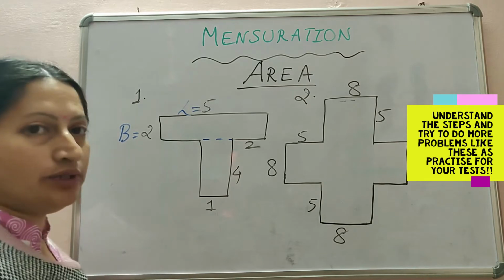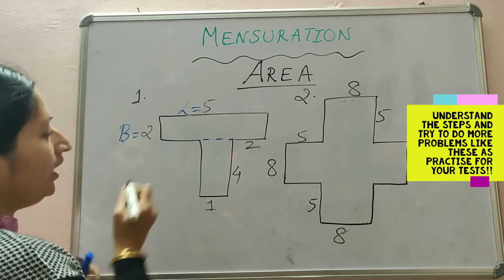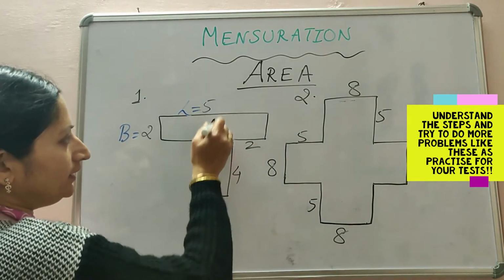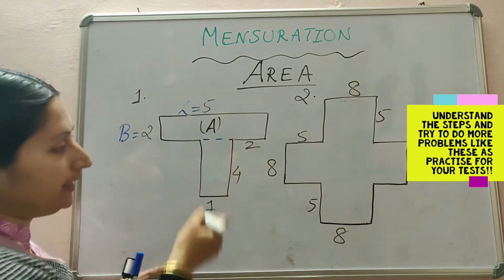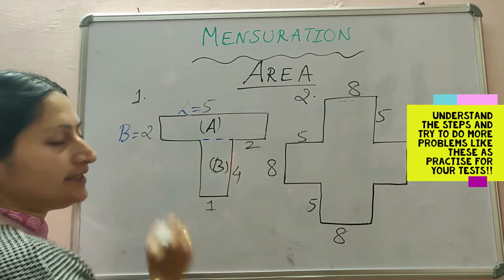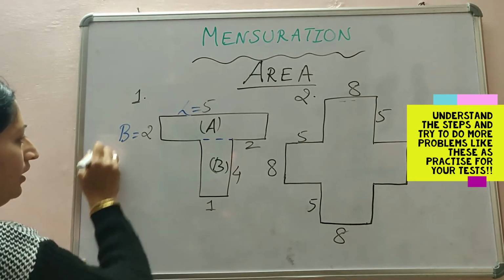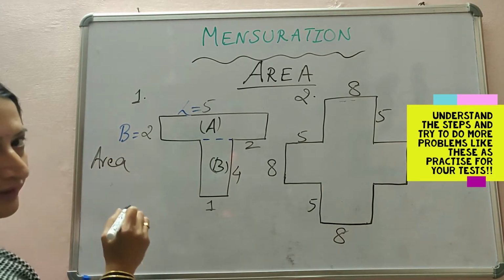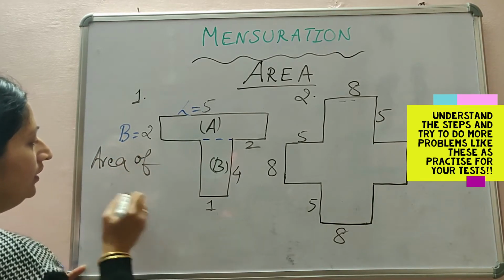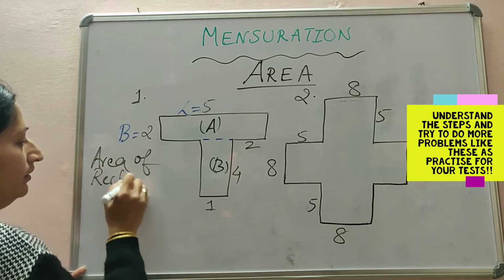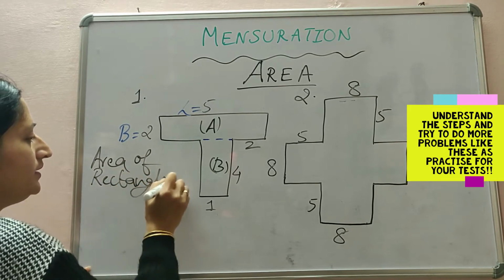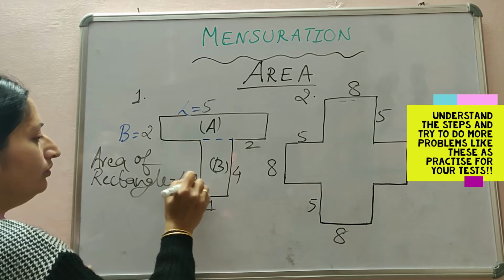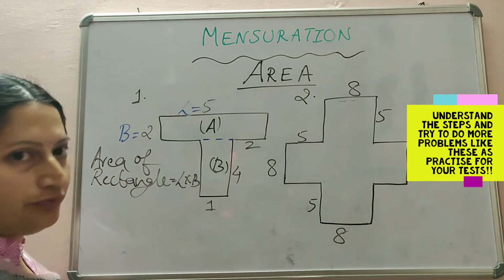So let's find the area. Suppose we consider this part of the figure as A and this part as B. You already know the area of a rectangle is equal to length into breadth. I hope all of you know this.